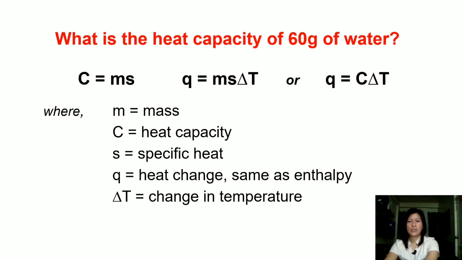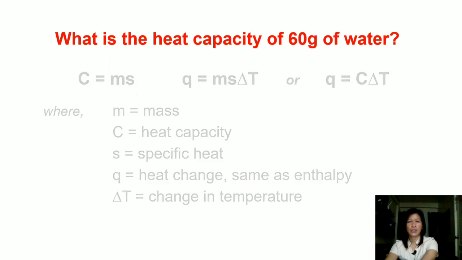You can use either of the two equations depending on the problem or the situation, where m means mass, C heat capacity, s specific heat, Q heat change or enthalpy, and delta T for change in temperature, that's final temperature minus initial temperature.